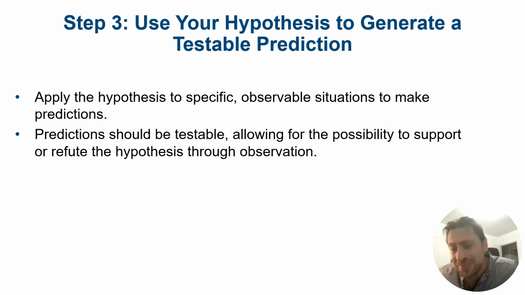What would the world be like if my hypothesis were true? Because one of the reasons that knowledge is so powerful is that it allows us to predict the future, at least to some extent. So what predictions does your hypothesis make?